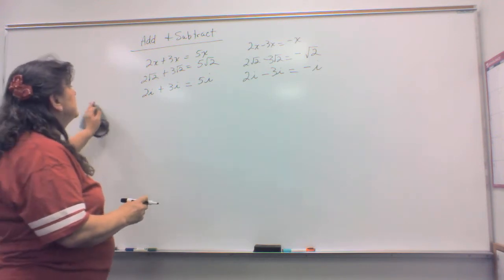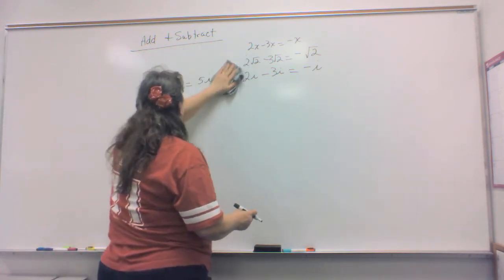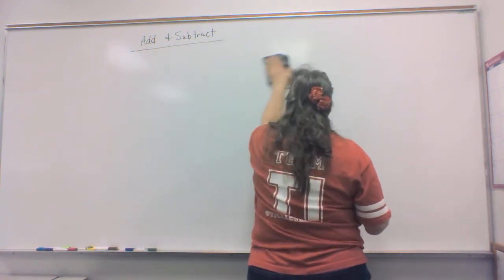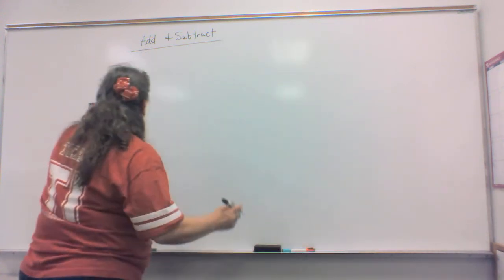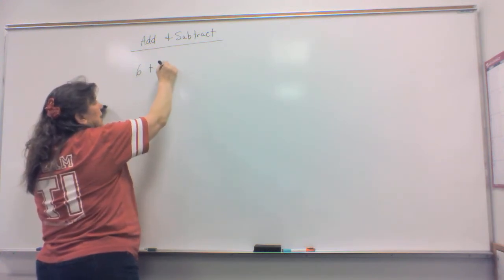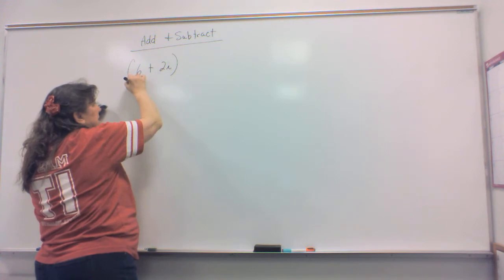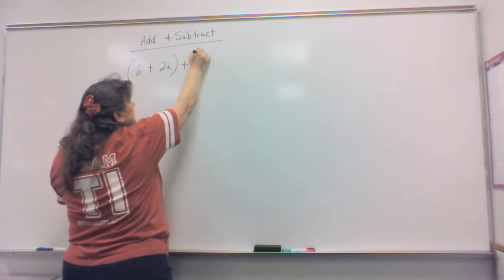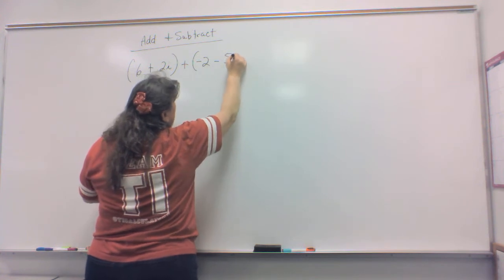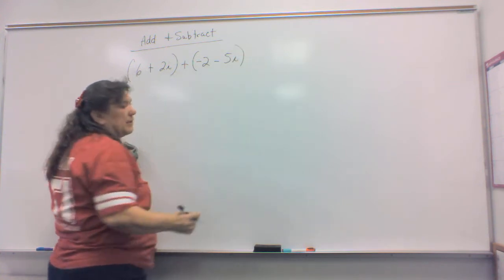So now let's look at adding and subtracting like terms that are actually complete complex numbers. So let's do it. 6 plus 2i, there's one complex number, plus negative 2 minus 5i. Okay?